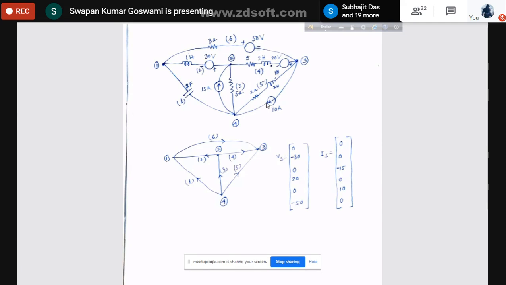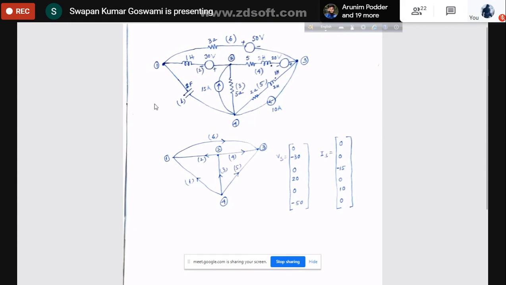So the assumed direction of current through the element is the same as the current that will be there through the internal impedance. It is from 4 to 3. That's why this source of 10 ampere will be a positive source. 10 ampere is a positive source.